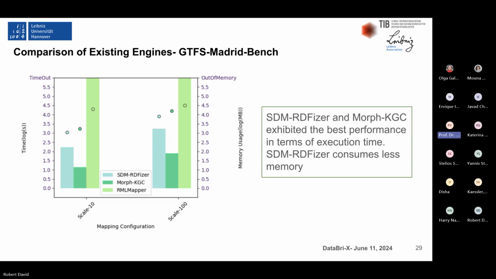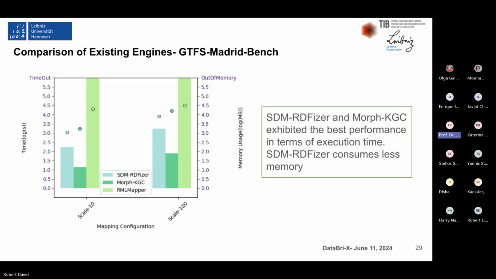But when we are thinking in terms of memory, the memory is actually less, because we are able to encode. And it's worth mentioning that this benchmark, the GTFS Madrid benchmark, is a benchmark that was more or less defined in order to assess the features of the MorphKGC engine.